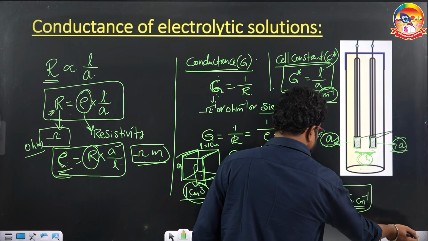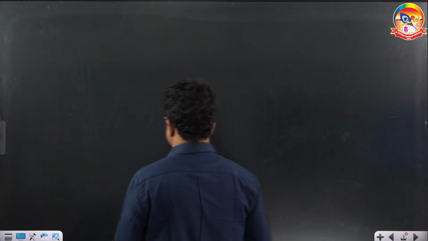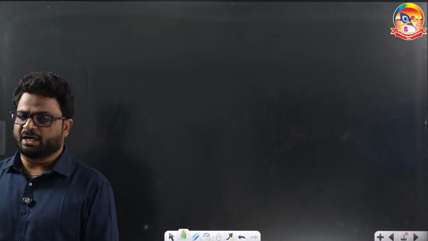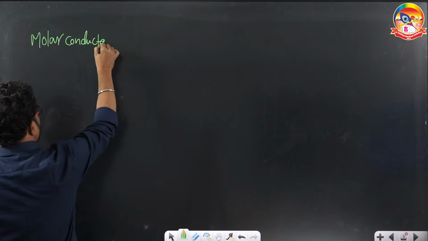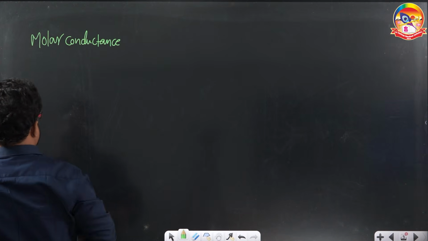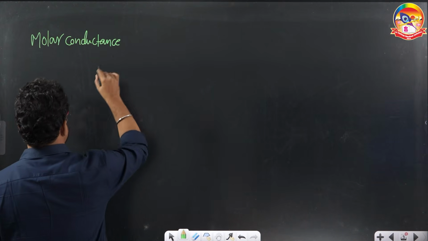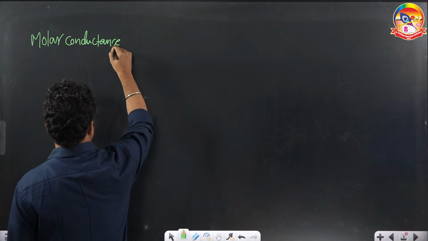Similar to these four terms, we also have another important term related to electrolytic conductance, that is molar conductance. Actually, we have molar and equivalent conductances, but in NCERT, they didn't mention anything related to equivalent conductivity. So we can proceed with molar conductance or molar conductivity.